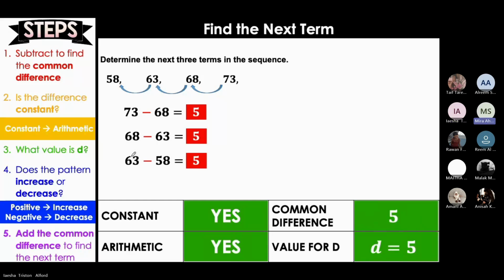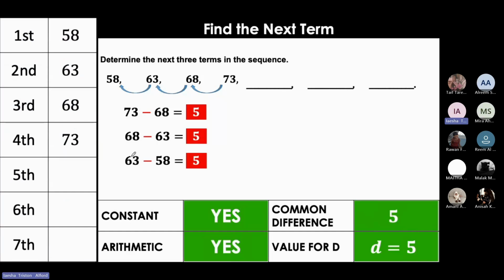But this question wants to know what are the next 3 numbers. We will add 5. So 73 add 5 gives you what? 78. Then 78 add 5 equal 83.